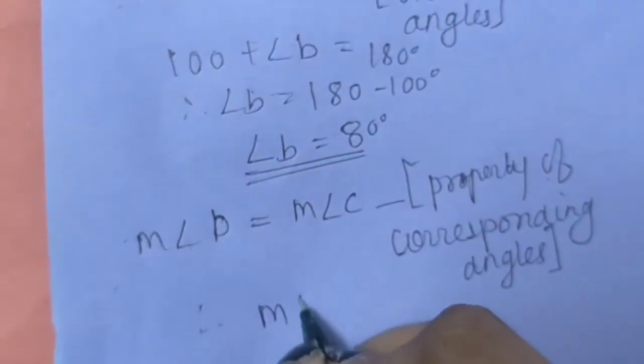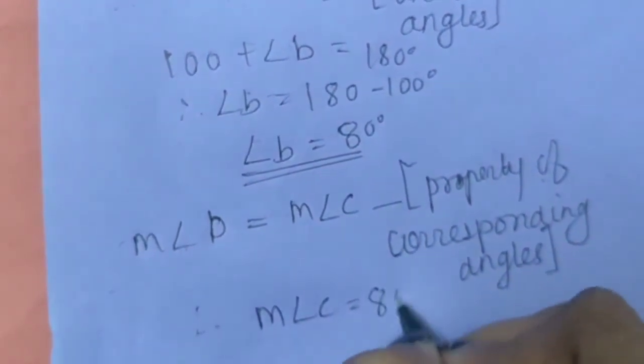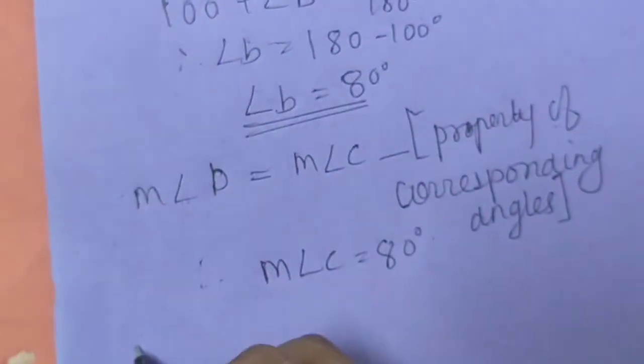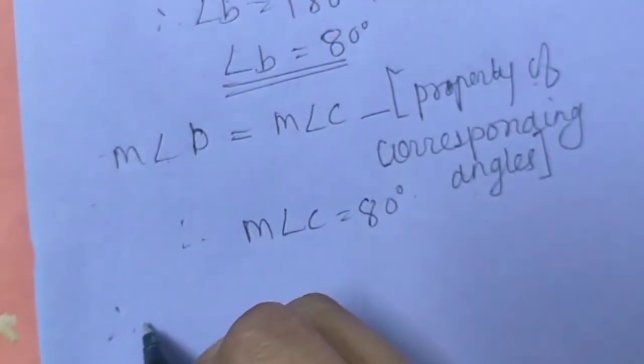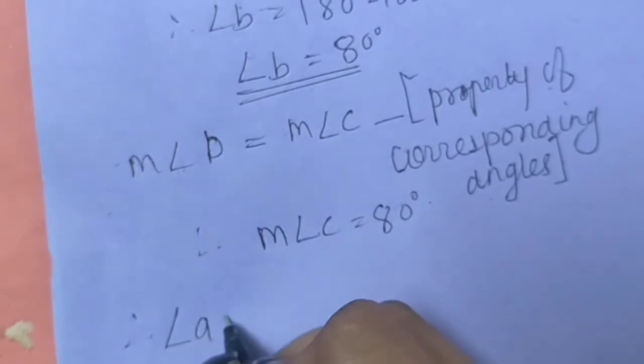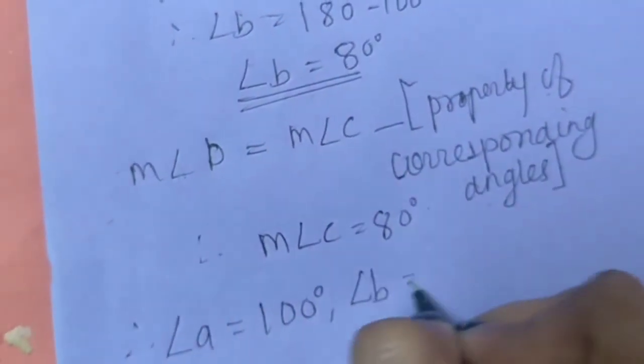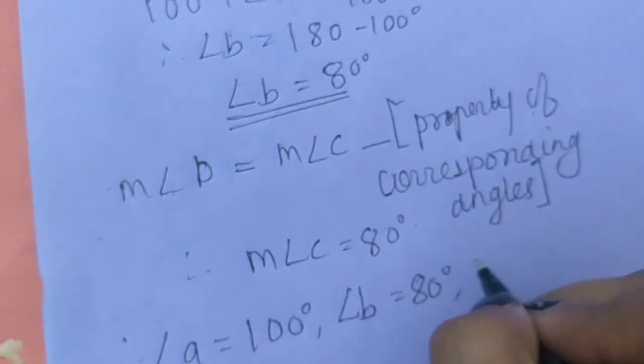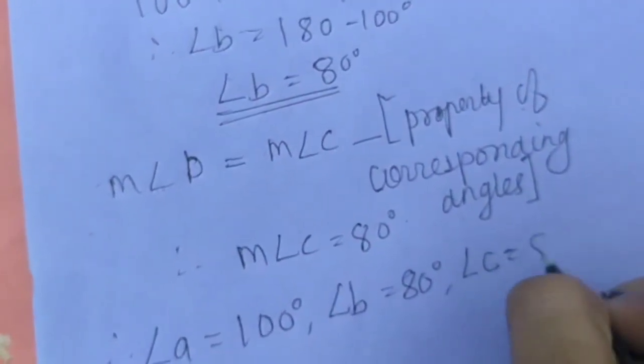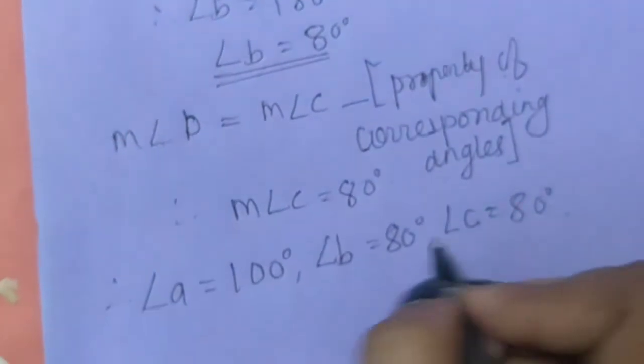Therefore, measure of angle C will be equal to 80 degrees. So at the last you will write like this: therefore, angle A is equal to 100 degrees, angle B is equal to 80 degrees, and angle C is again 80 degrees. Hence proved.